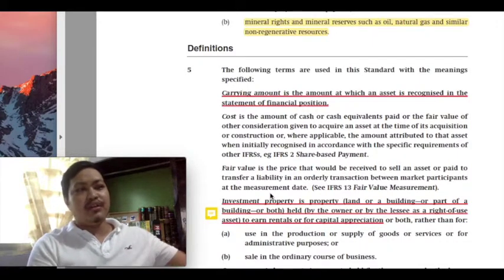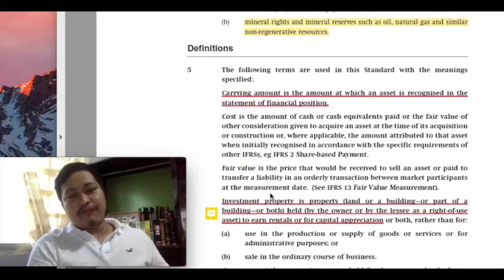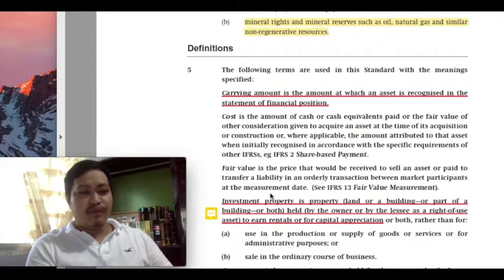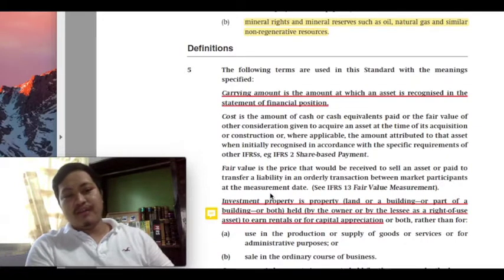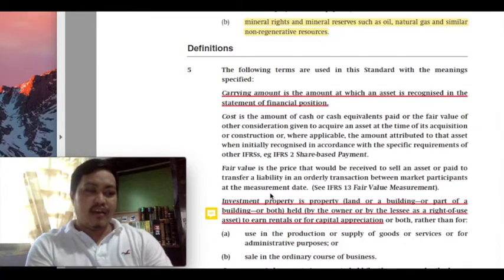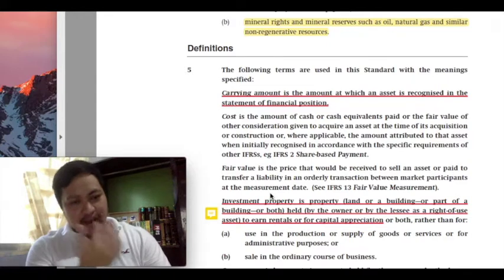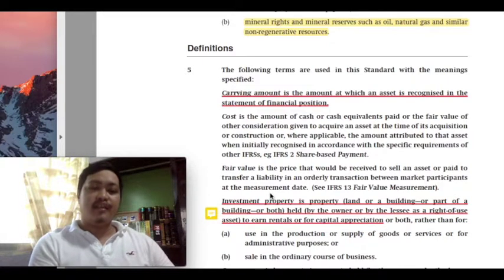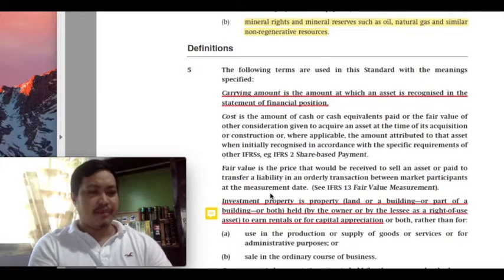If you only bought it for 100,000 before, and after 20 years it now becomes worth 2 million, then you've essentially earned for yourself 1,900,000. And if you've held the land for that purpose only, then that land would be considered as an investment property. So very simple idea behind investment property.